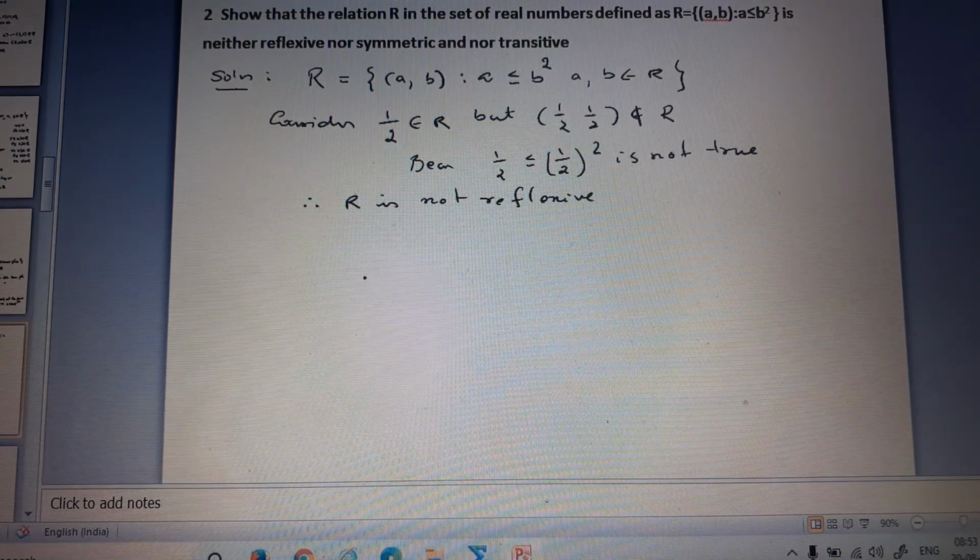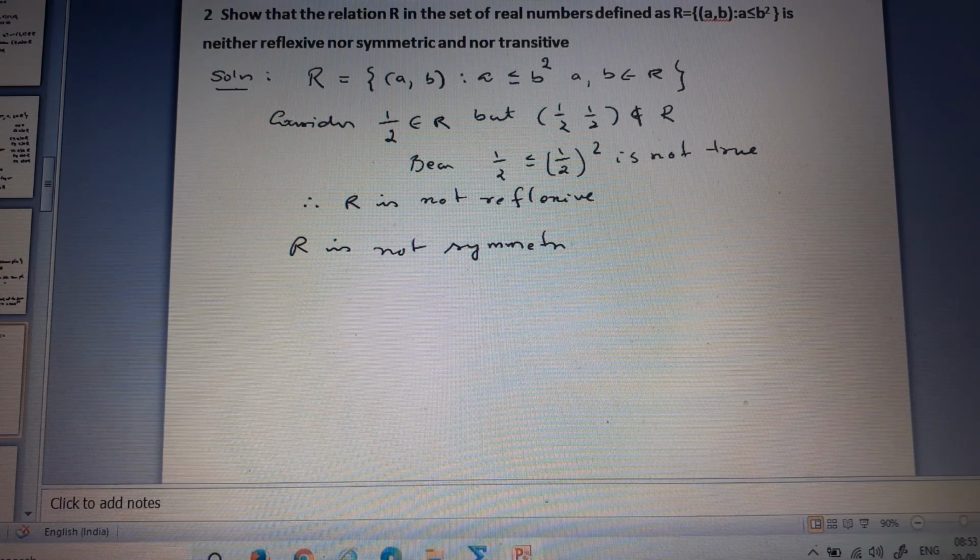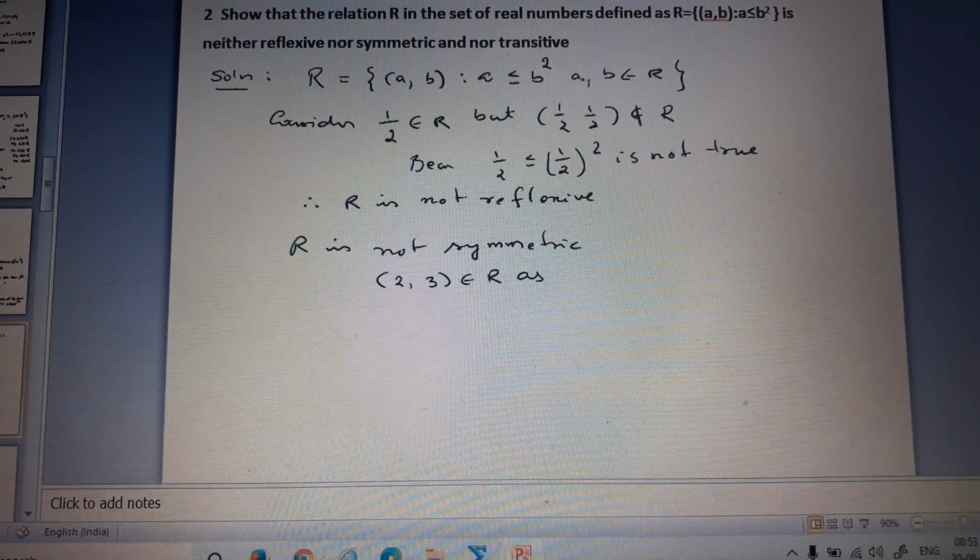Now let us take whether it is symmetric. No, R is not symmetric also. How to show? So give one example. For example, (2, 3) belongs to R, as the condition is 2 is less than 3 square. This is true.